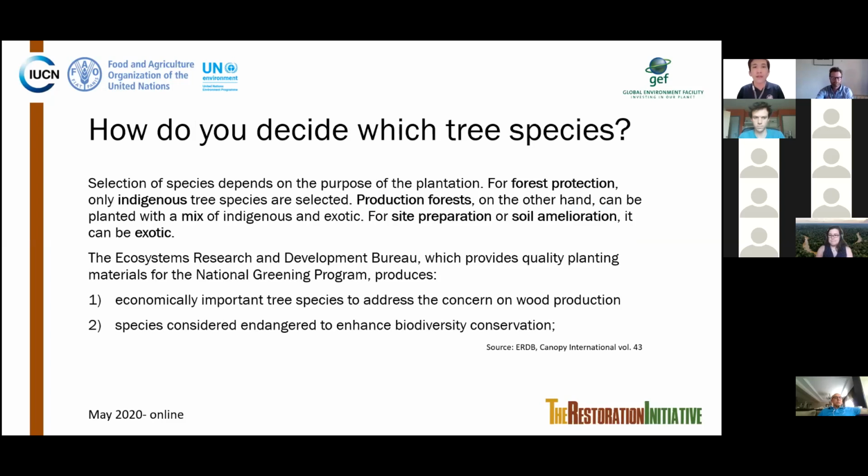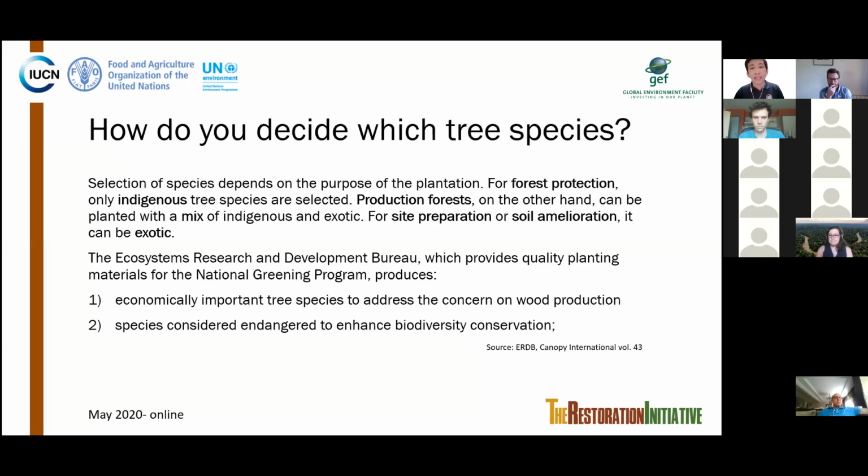Then exotic and fast-growing species will be used and preferred, especially if the area is so degraded and so denuded that we need to prepare the soil first before indigenous species will be introduced in the area. Why? Because in tropical rainforests, indigenous tree species take longer to survive and grow within the given area, whereas exotic tree species have a faster growth rate in the Philippines. Actually, that's what we experience.